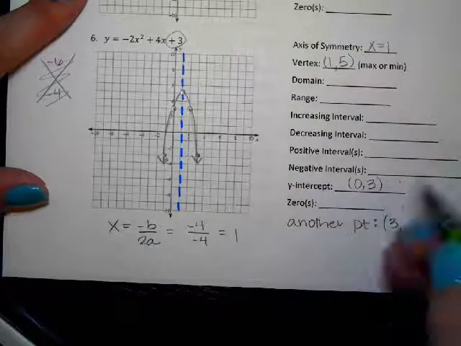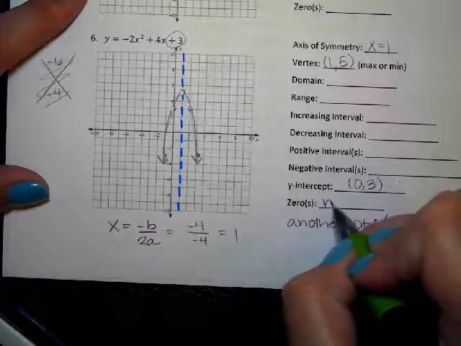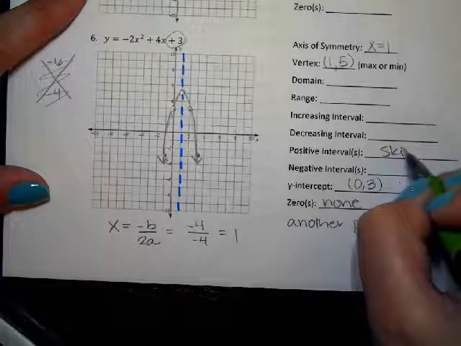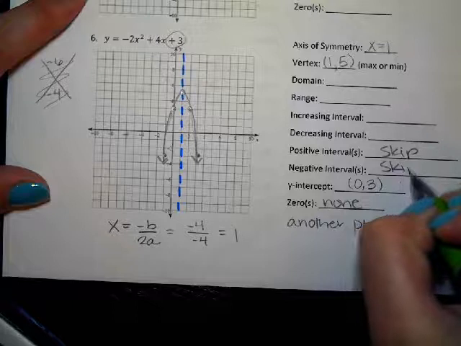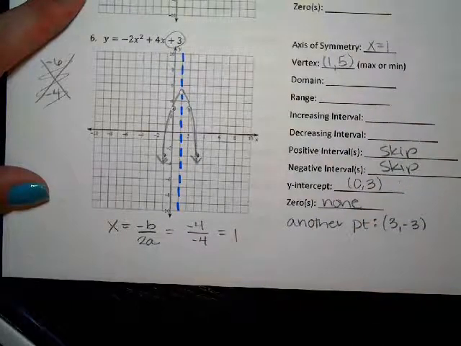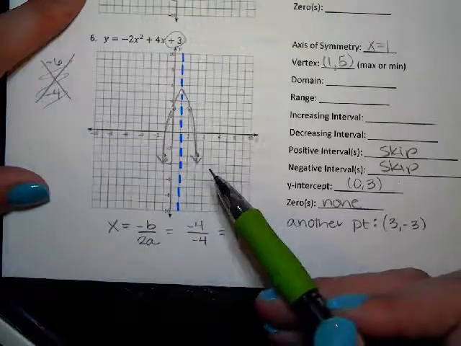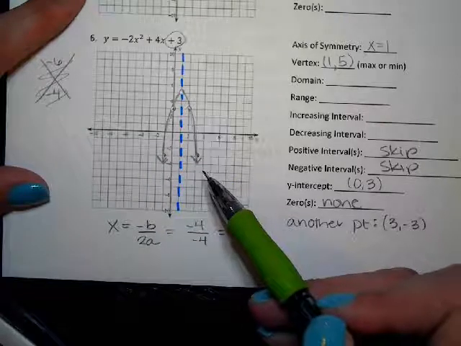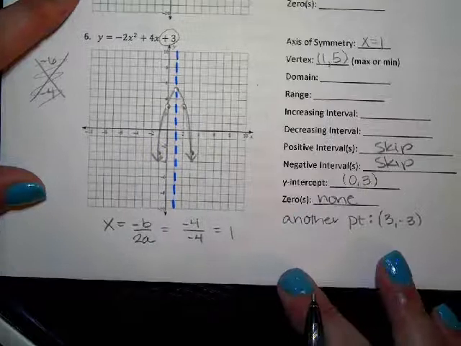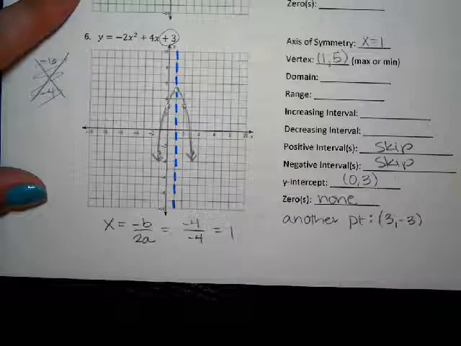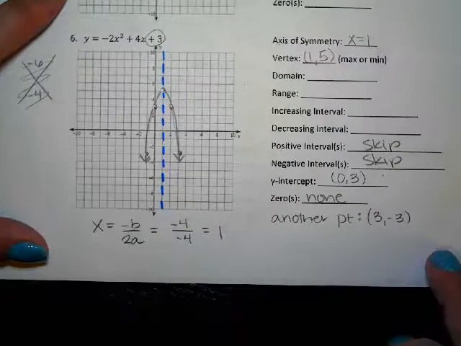Okay. Don't put none for zeros. There are zeros, we just don't know what they are. They're decimals. Don't put none, just put skip. We're skipping them because the problem wasn't factorable.